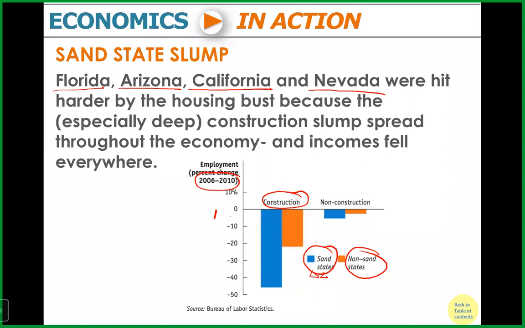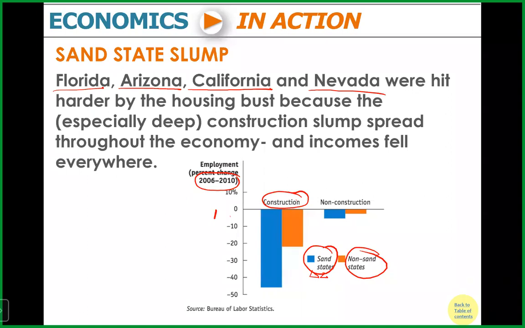Warm or cold? Warm, right? So those are states that are warm, they have beaches, right? So that's why they are called sand states. So essentially, this is a place where people are willing to spend for their retirement, willing to spend for their vacation, and certainly the housing demand is high.